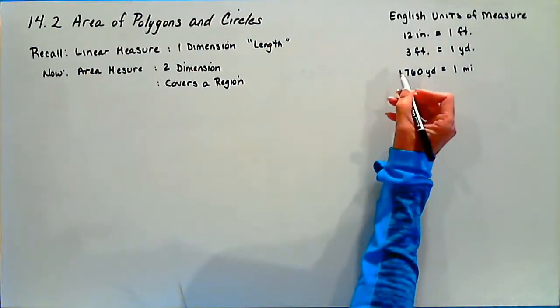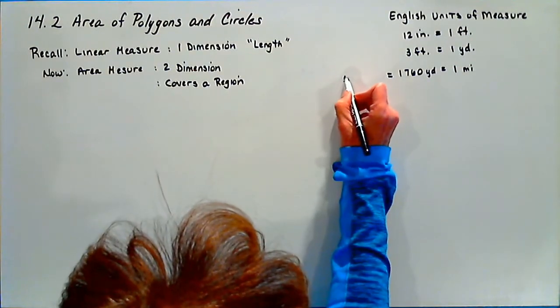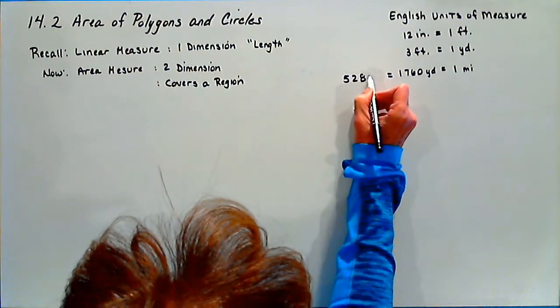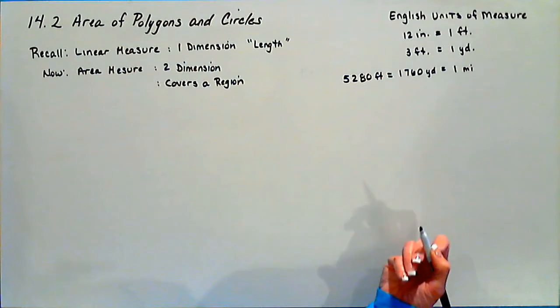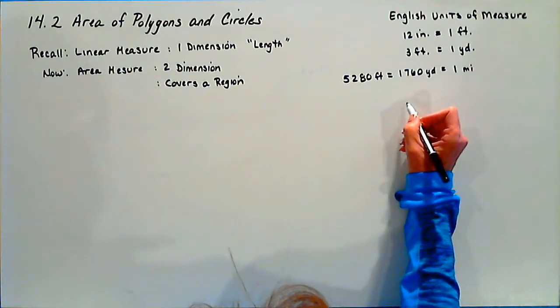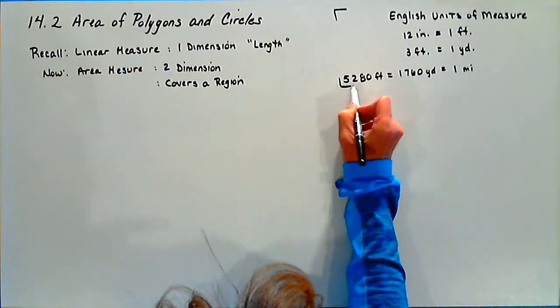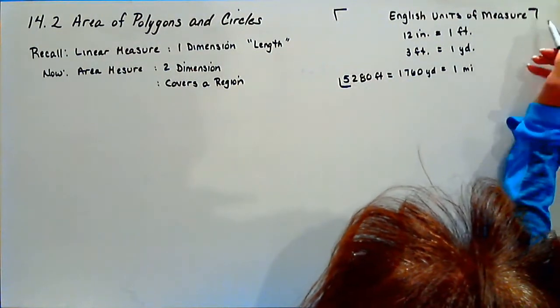And 1,760 yards is the same as 5,280 feet. Okay. While I'm here, I'm going to go ahead and also put down the metric conversions. That way we have them all here to just refer to.